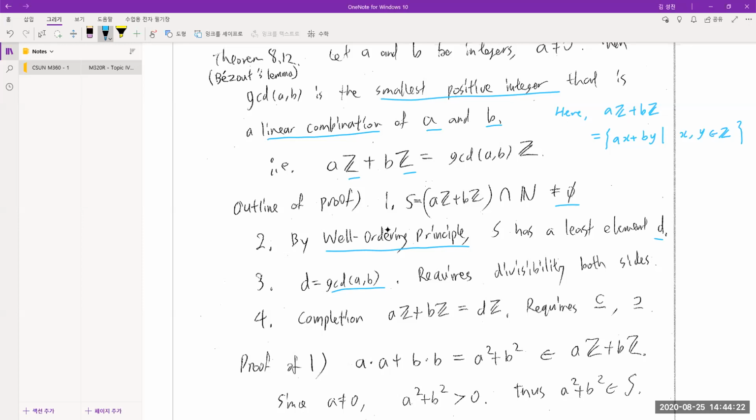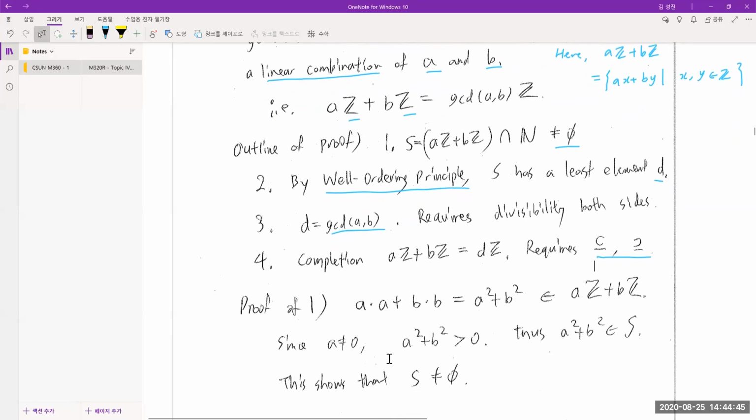AZ plus BZ, this set equals the set of multiples of D. It requires proving the inclusions in both directions: the left side included in the right side, and the right side included in the left side. So we have the set equality.